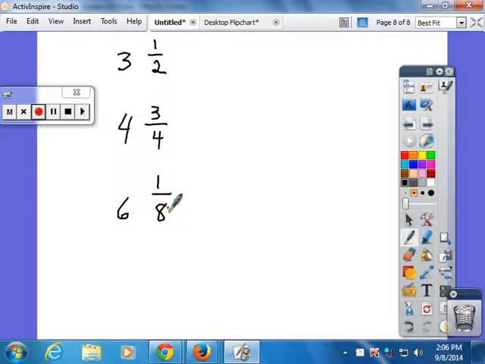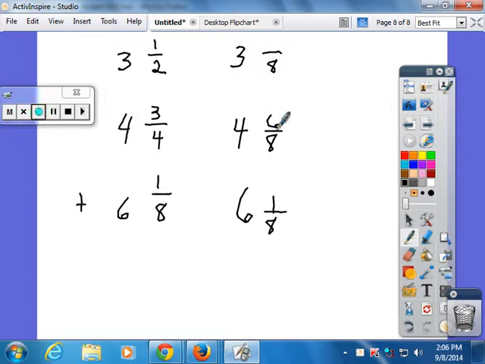So we're going to add those three together. 8 will go into 8, 1 times 3 is 3. 4 will go into 8, 2 times 3 is 6. 2 will go into 8, 4 times 1 is 4. 3 plus 4 plus 6 is 13.